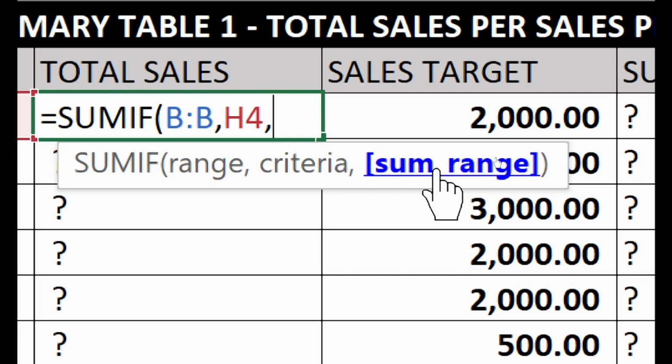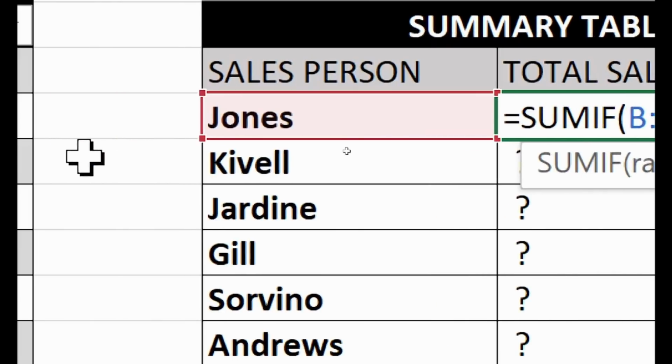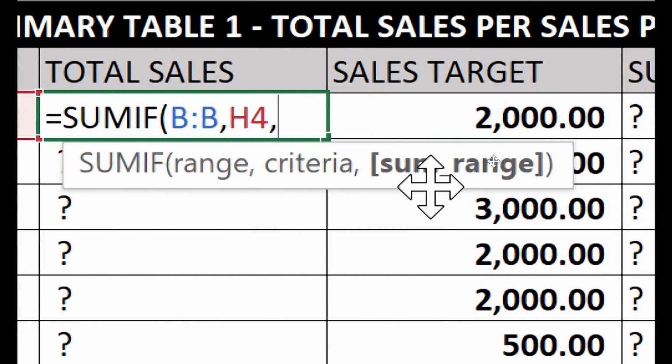In this particular range, we want the numbers we should add. But then, out of the range, we are only going to add where the criteria is met. And our criteria here is what? Is Jones.